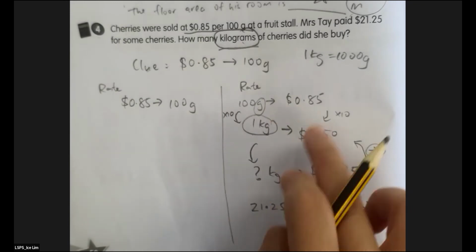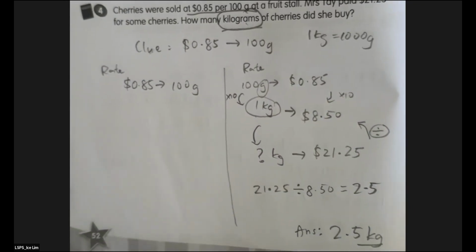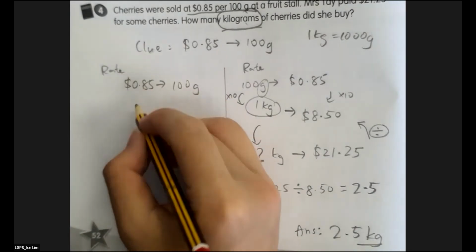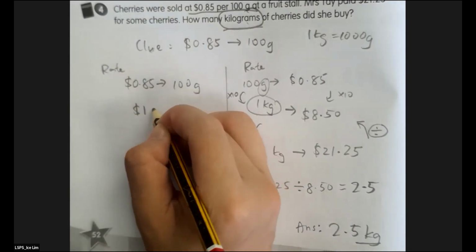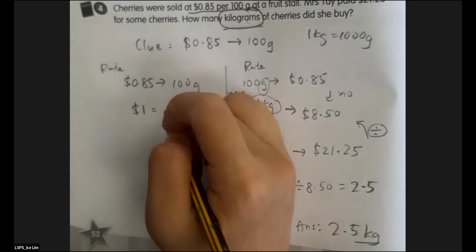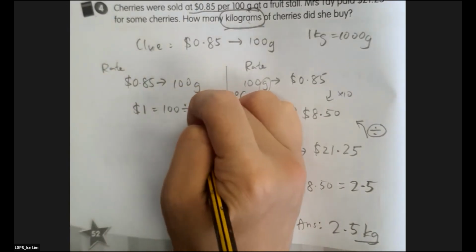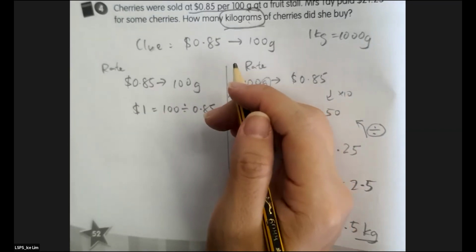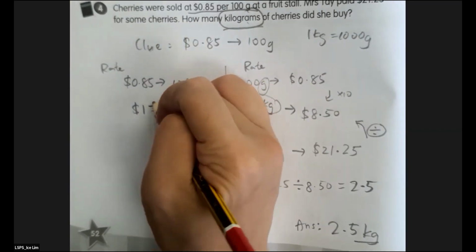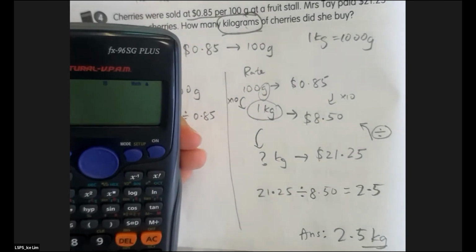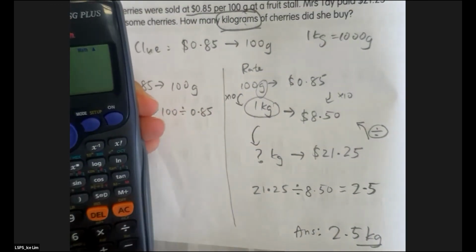Of course, in the intermediate steps, you can do the conversion. The other method, if I go with the dollars. So $1 will be 100 divided by 0.85. Oops, wrong use of equal sign, use arrow. 100 divided by 0.85.